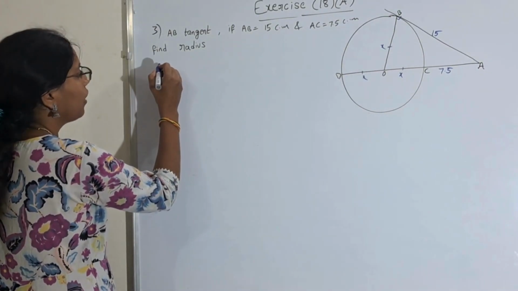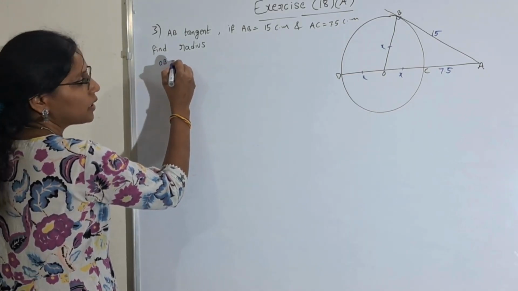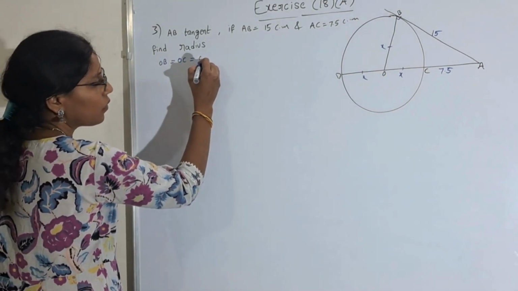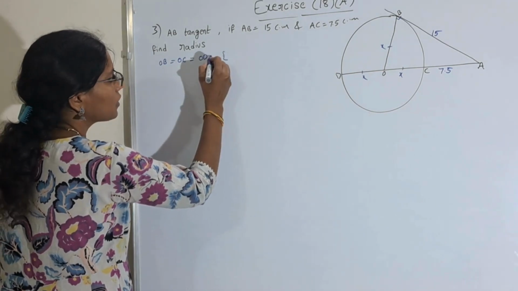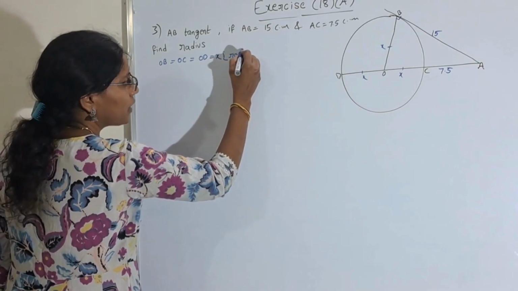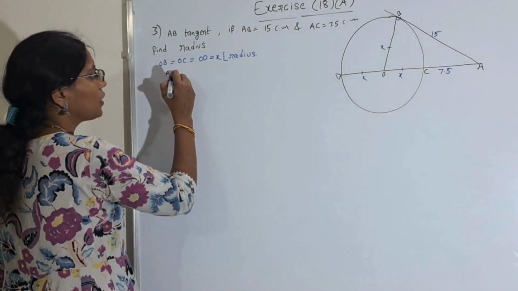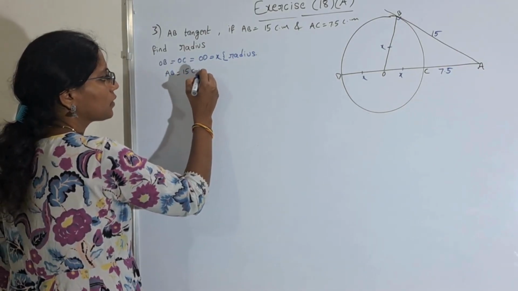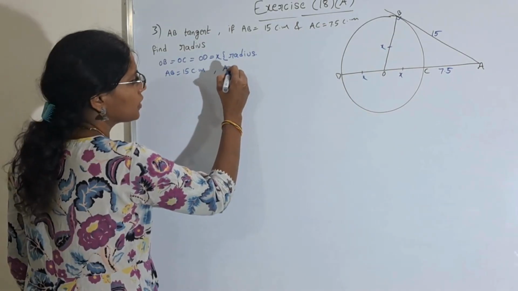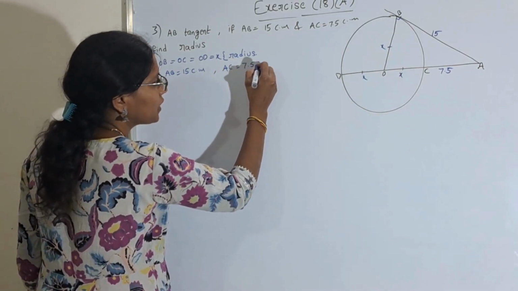Here OB is equal to OC is equal to OD. Let the radii be x. Next, AB is equal to 15 centimeters, AC is equal to 7.5 centimeters.